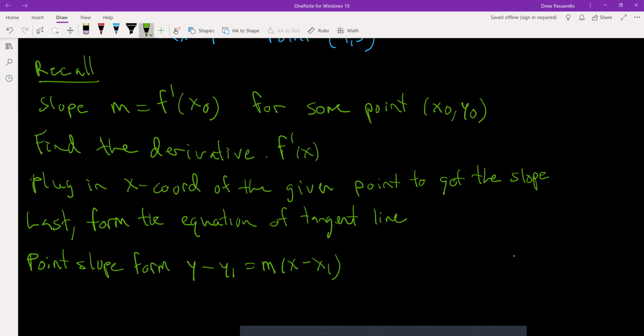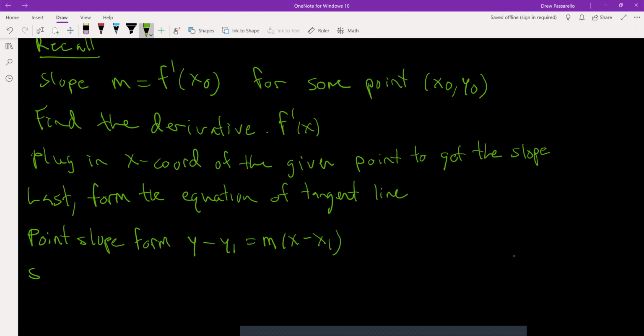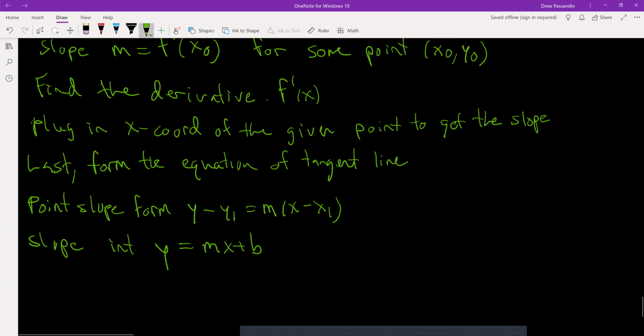So there's point slope form, and there's slope-intercept form, which we're familiar with from previous algebra classes, and it's y equals mx plus b. And then there's the general form, ax plus by plus c equals 0. For some odd reason, the textbook did the general form for this example.